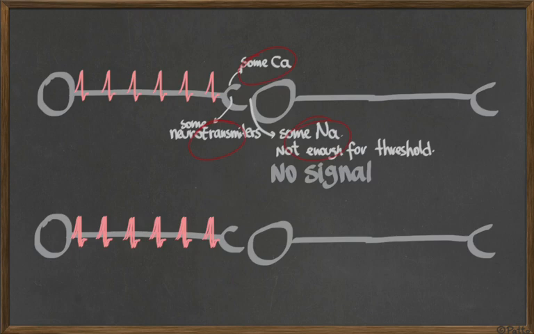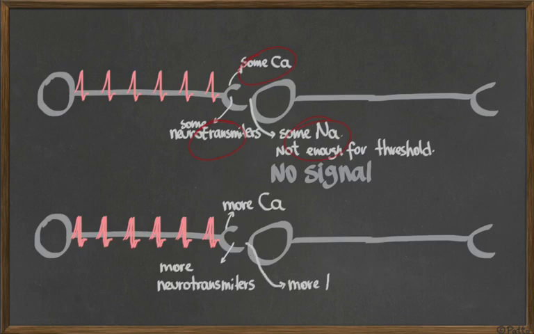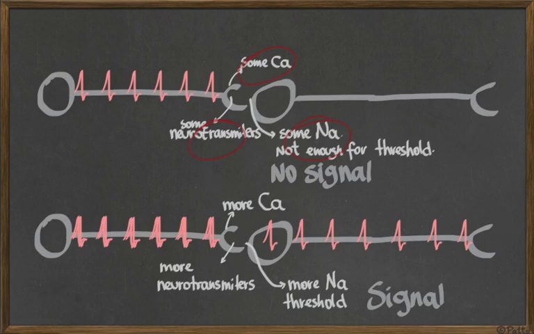So if you send an action potential, 3 milliseconds later you send another one, and another one, each reaching the end, more calcium is opened, more neurotransmitters are transported, which make more sodium channels open to reach threshold, and when it reaches threshold, it triggers a new action potential that signals ahead. So this is one of the ways that your synapses can decide, are we going to have a signal here or not?